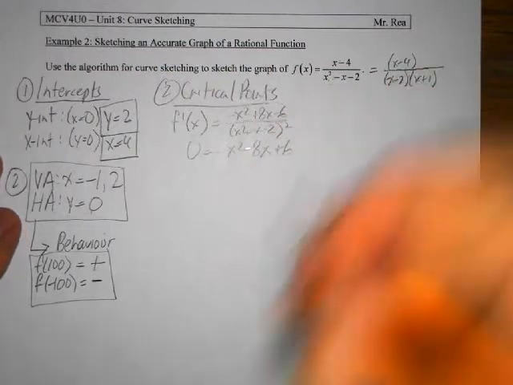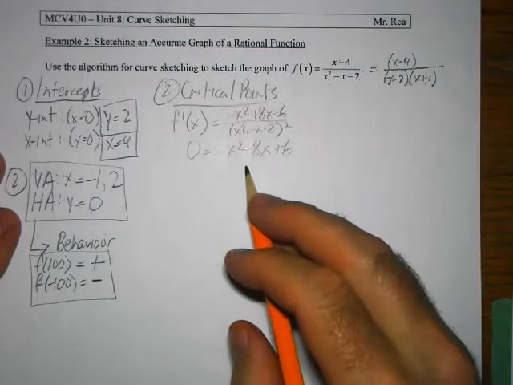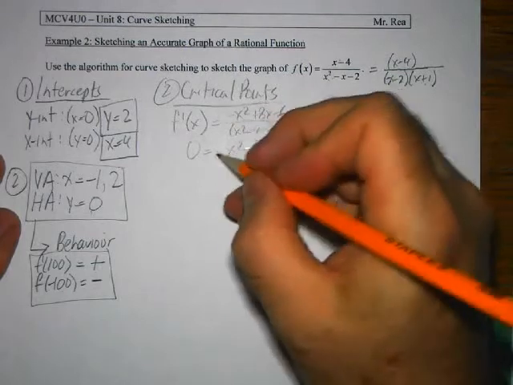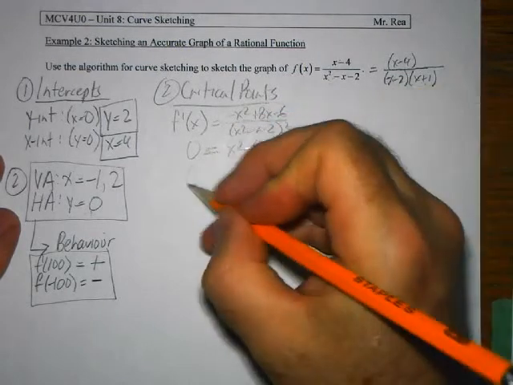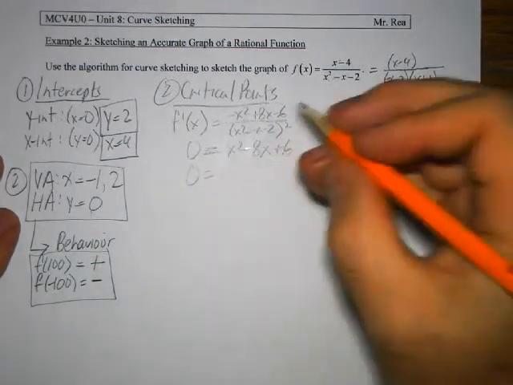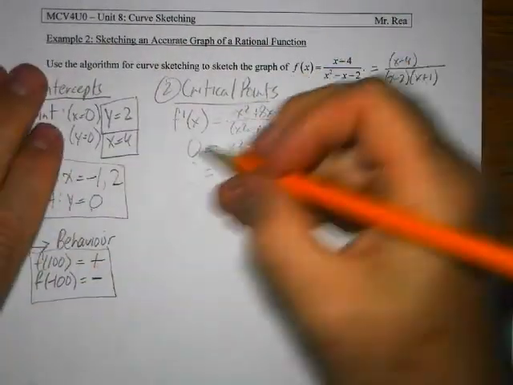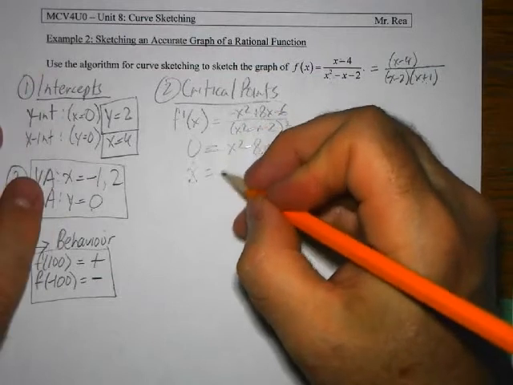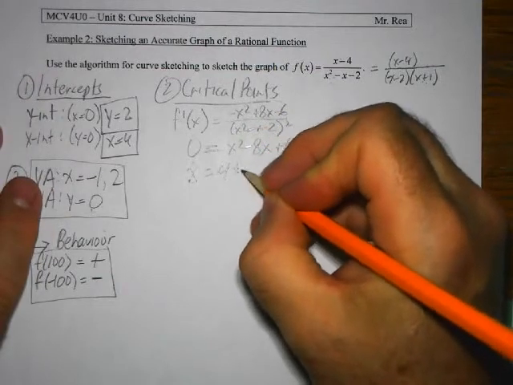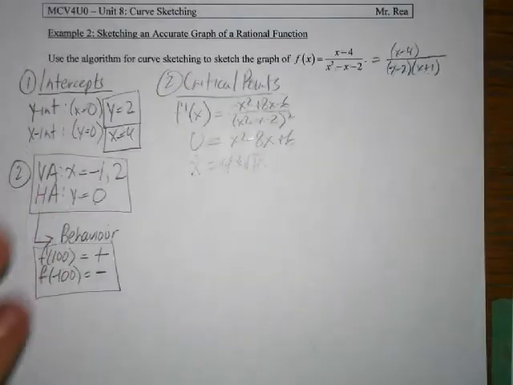Now, unfortunately, this does not factor, so you'd have to use quadratic formula. And when you do that, you get x is equal to 4 plus or minus root 10. So two critical points.